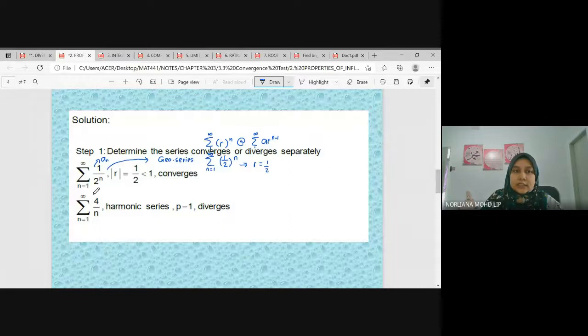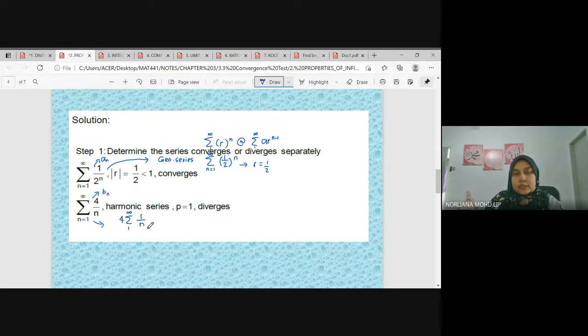Okay, the second series is 4 over n. It's bn, the second series. So the second series, it is harmonic series or P series. So 4 ni kita boleh bawa ke depan, keluarkan. 4 summation 1 over n.